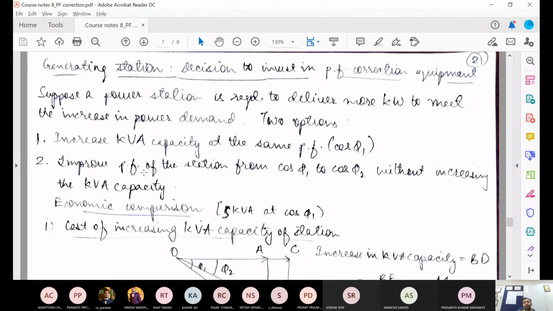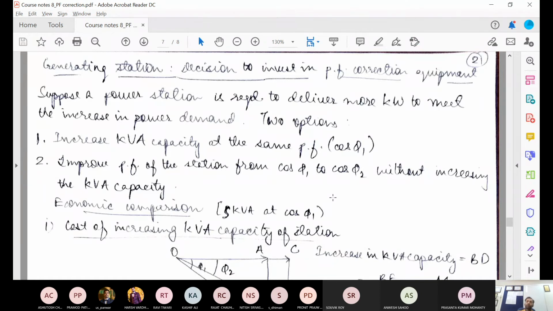Another option which might be interesting is improving the power factor of the generating station from cos phi 1 to cos phi 2. There might not be a very big room for this, because as we discussed earlier, generating stations always have a reasonably good power factor, 0.8 to 0.9. But if there is a small, incremental increase in the power demand, this option can be explored.